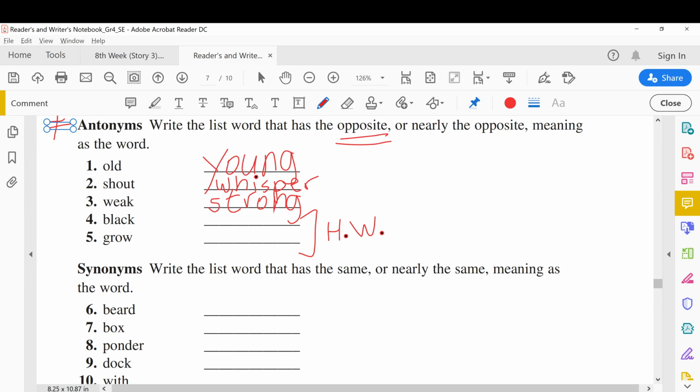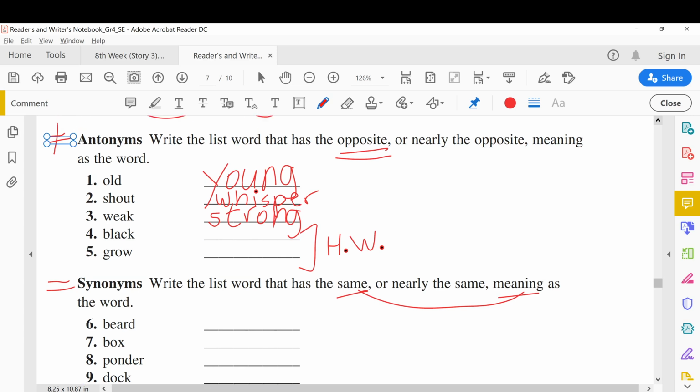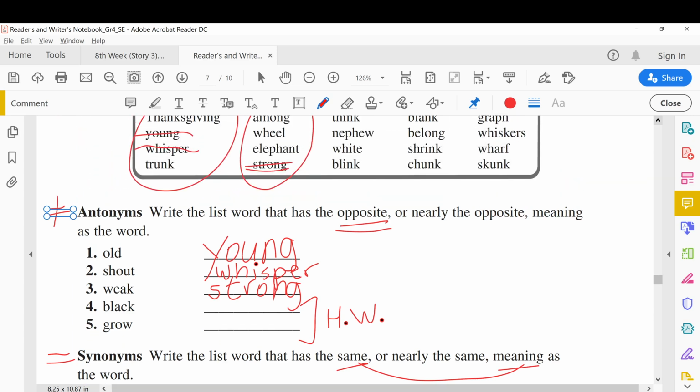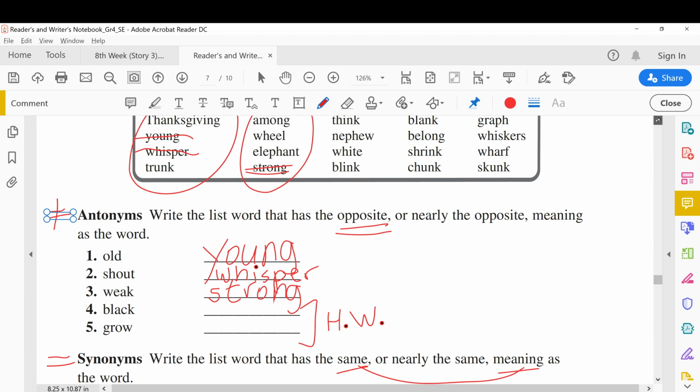Next exercise is synonyms. This means the same meaning, the words that have got the same meaning. Write a list word that has the same or nearly the same meaning as the word. Beard. Some people might have a beard.